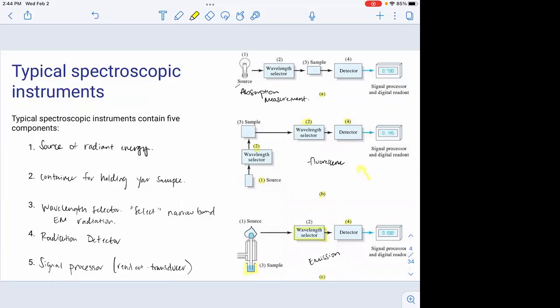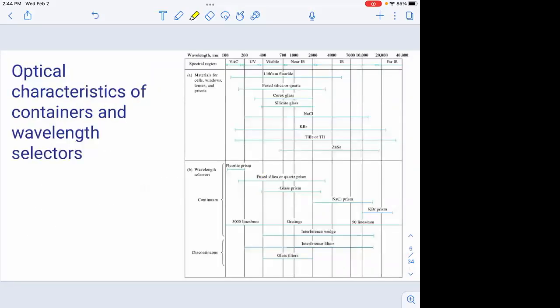Okay, cool. So one of the ways that I want to continue talking about this is we have to talk about the transmission of electromagnetic radiation, and we have to talk about the individual components that are going to make that happen. So the next couple of slides are simply a reference for you.